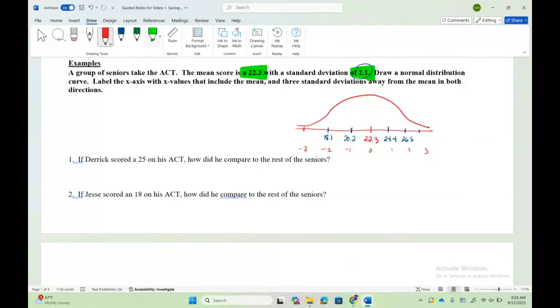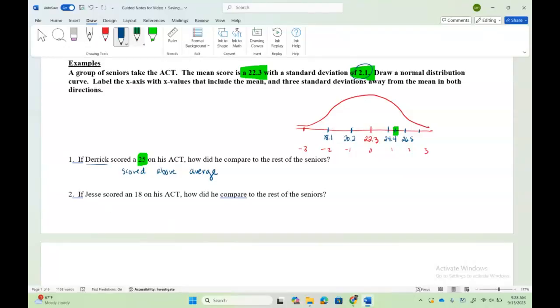All right. So this question says, if Derek scored a 25 on his ACT, how did he score? If I look, 25 might land between 24.4 and 26.5, somewhere in here. So it looked like he scored above average. All right, so good job, Derek.